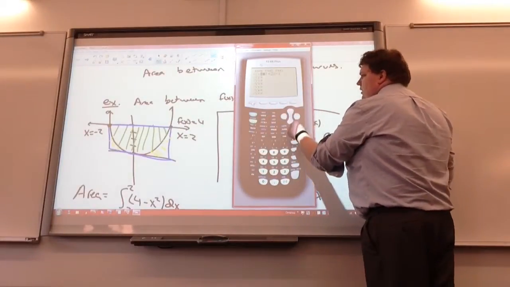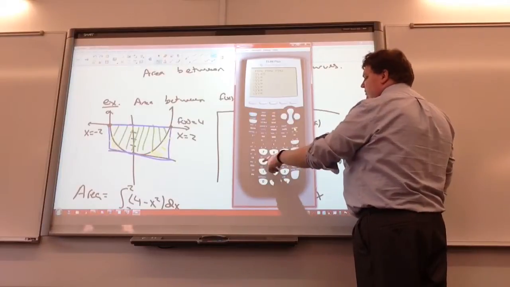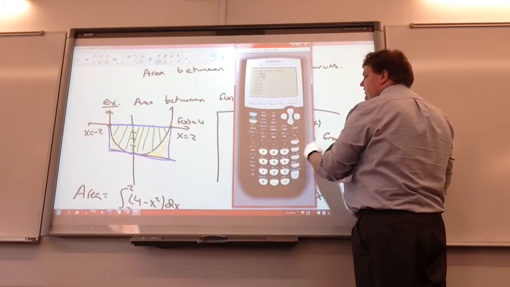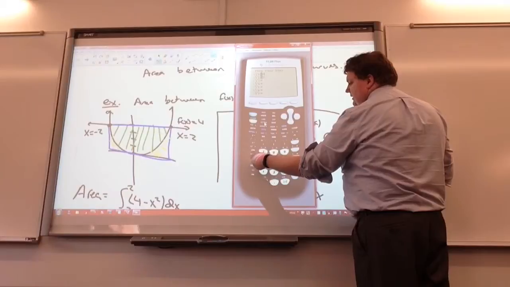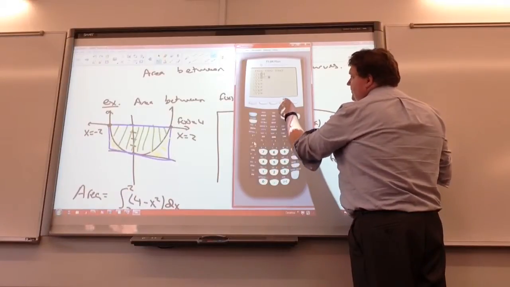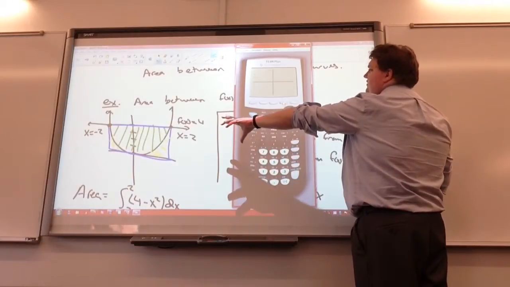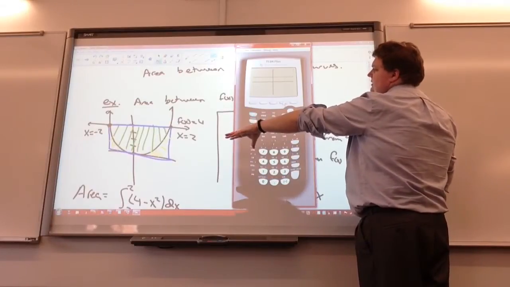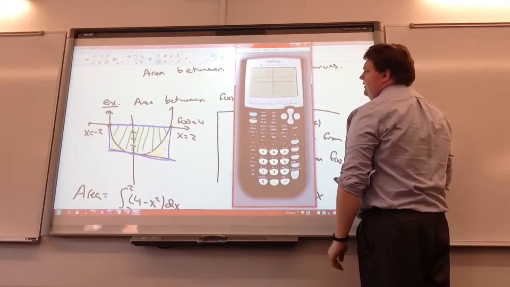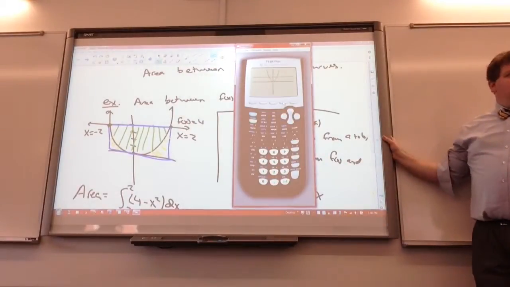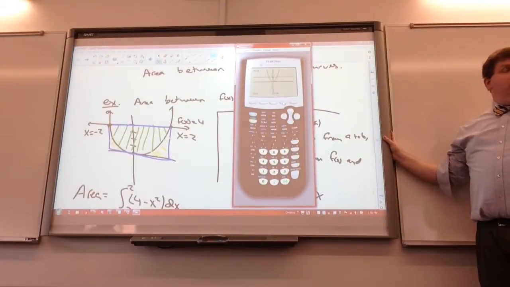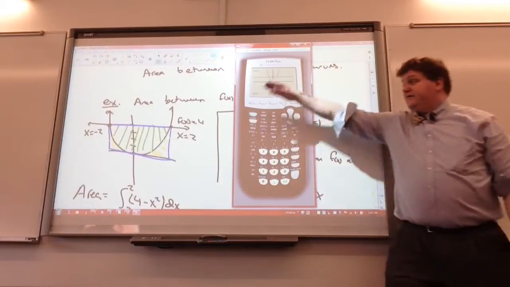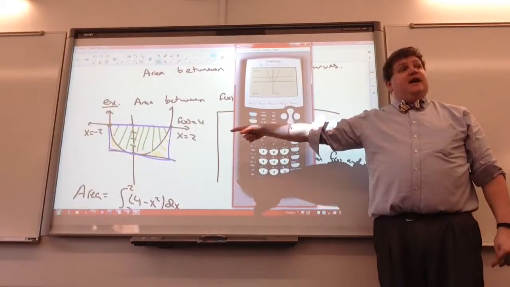The graph of the system, if I graph it as it appears, I do 4 and then x squared like so, okay? And so that's a picture of what's drawn up here. There it goes. So here's the picture drawn with the calculator.